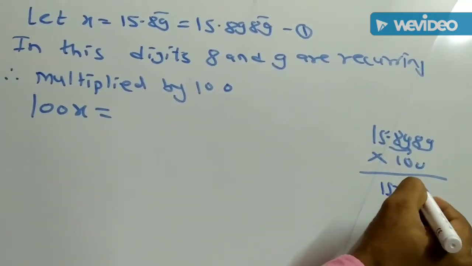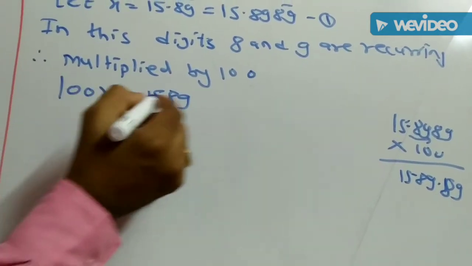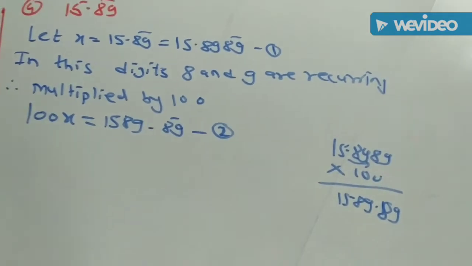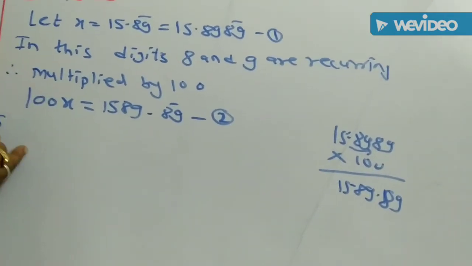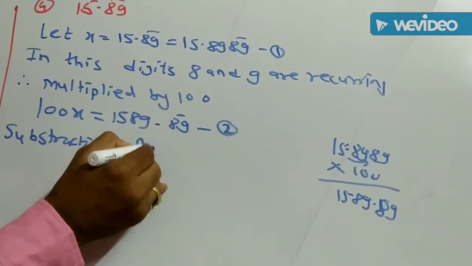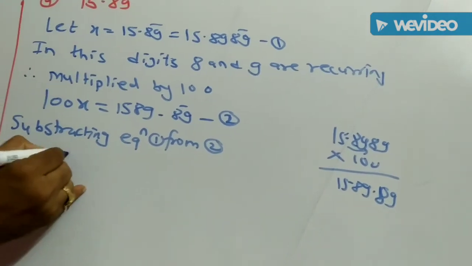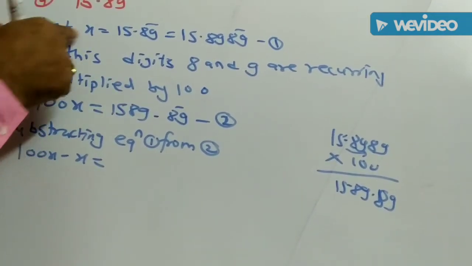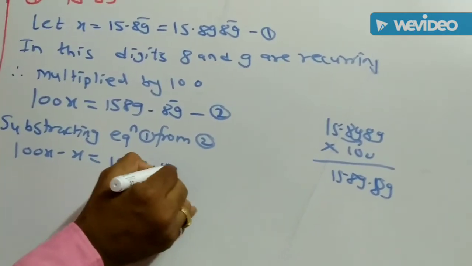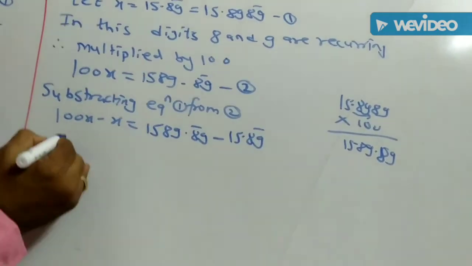We get 1589.89 bar, equation 2. Now again same procedure we take, subtracting equation 1 from 2. We get 100x minus x is equal to 1589.89 bar minus 15.89 bar. 100x minus x, that is 99x.